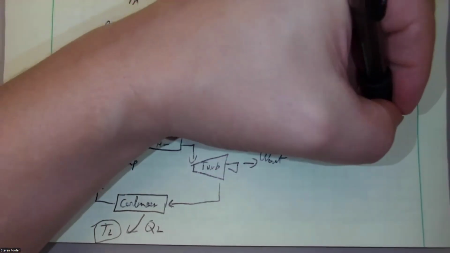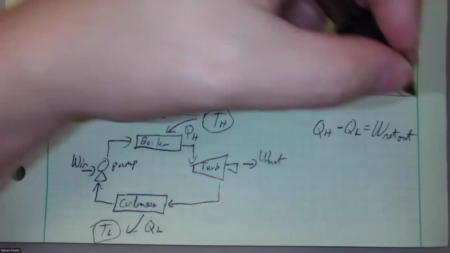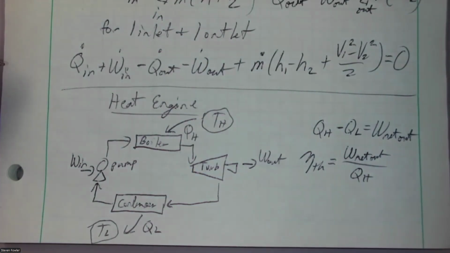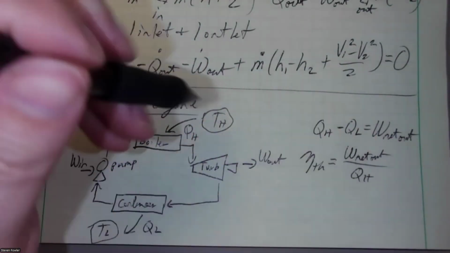First law says that basically QH minus QL is equal to the net work out, the difference between work out and work in. That's what the first law will boil down to. The thermal efficiency for any heat engine is always going to be what you want, the net work out, divided by what you have to do to get it. That's QH. If I take this and plug it in here and massage the equation, that becomes 1 minus QL over QH.